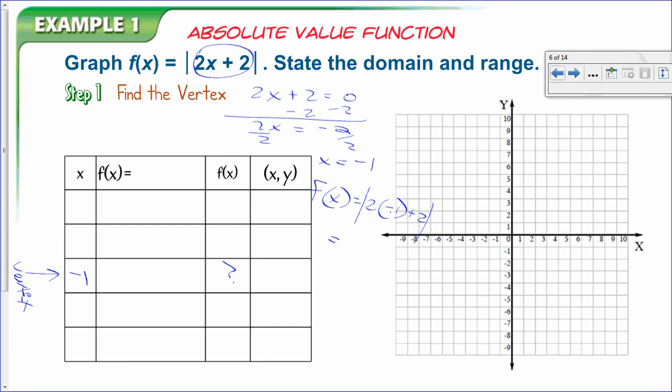Okay, 2 times -1 is -2 plus 2 gives me absolute value 0. So my first point is what? Plot that over where? So it goes -1 and 0.